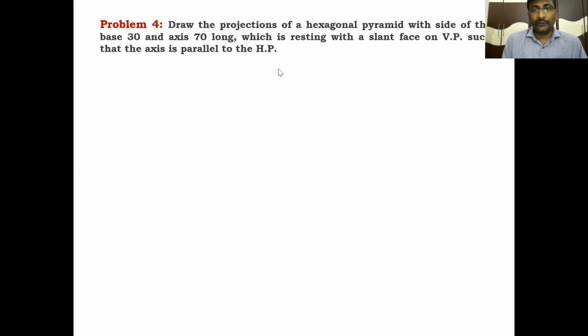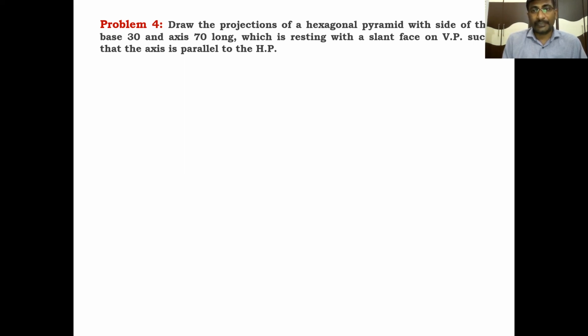In the first position, we should draw with the axis perpendicular to VP. With the axis perpendicular to the VP, you have to draw the first position of the projections.